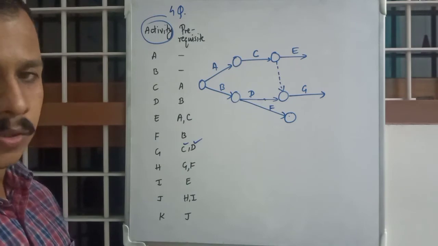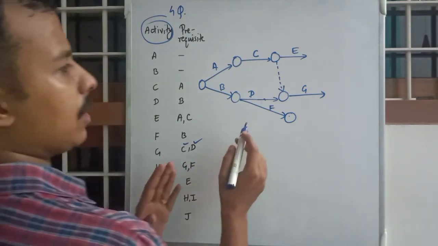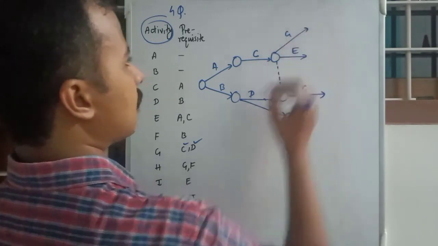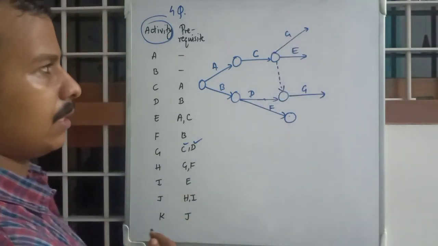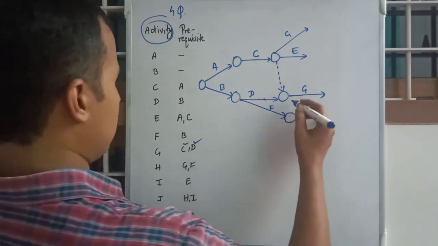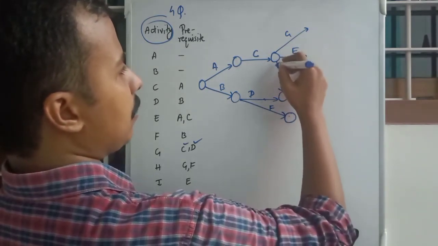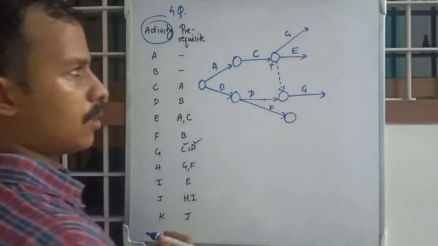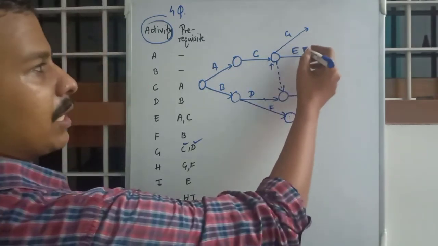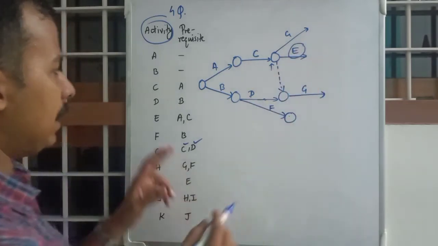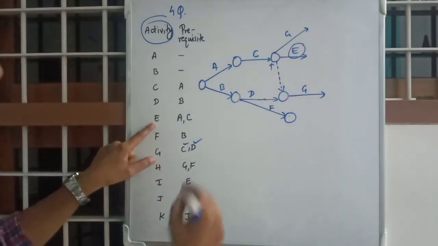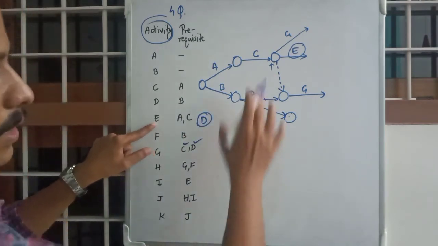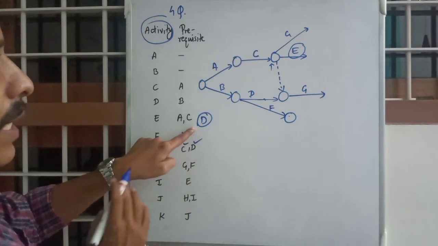Okay, so in other thought, what happens if I include G in here rightly like this? Then I will have to connect another dummy activity like here towards this, right? So what will be the condition of E? For E, you have to add D. With that logic, you need to have D in here.